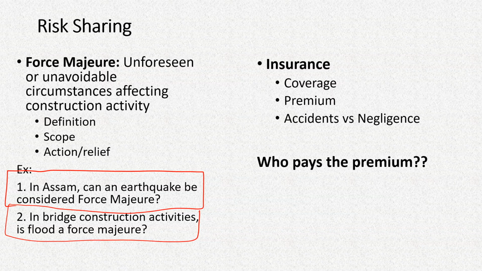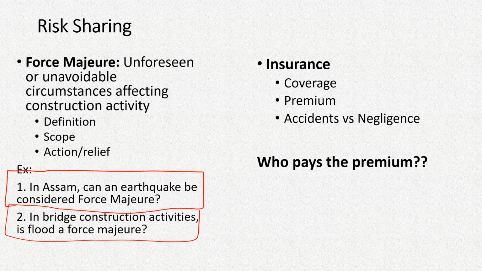Because it is well known that from June to August or September, it is the flood time in Assam, and in that case, if some damages may occur because of flood, will the client or anybody be responsible for compensation of the damages to the contractor, or the contractor himself will be responsible for repairing all those damages?